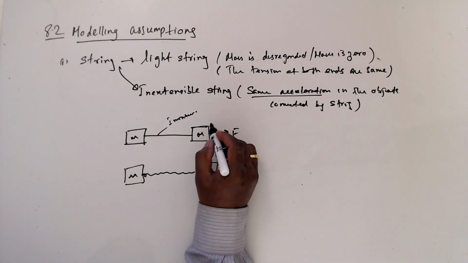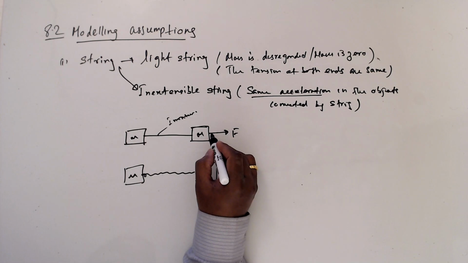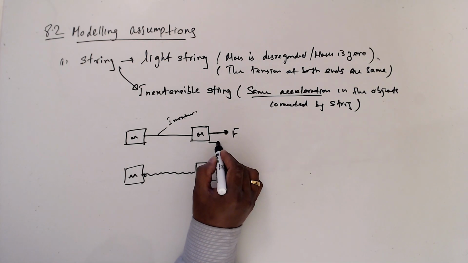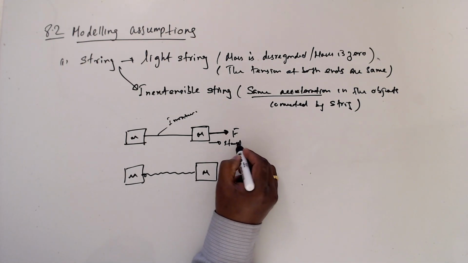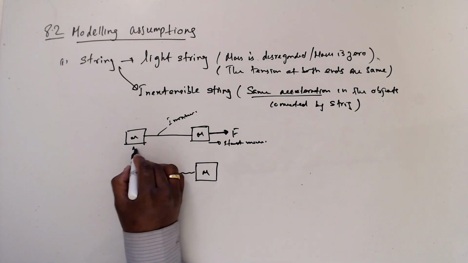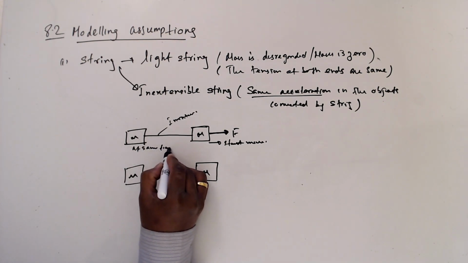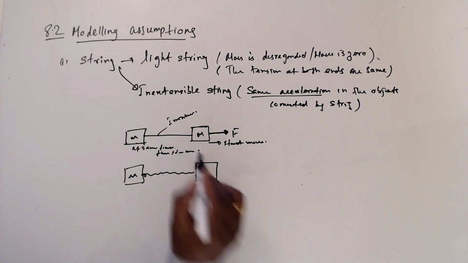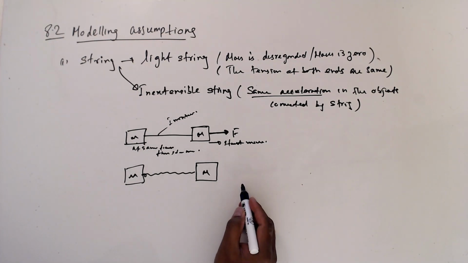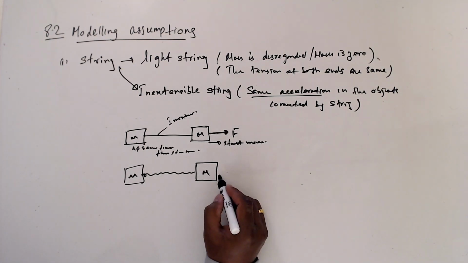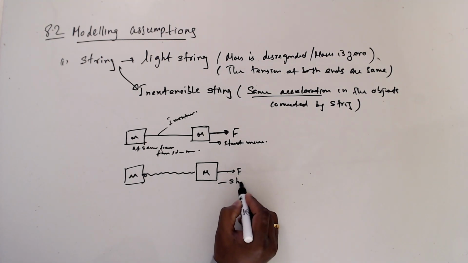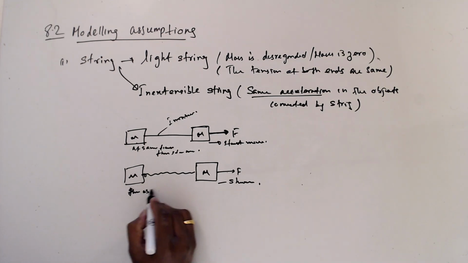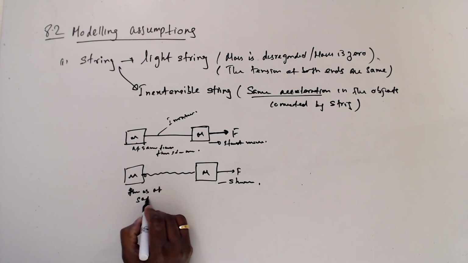What will happen when you start pulling this one? This will start moving, and at the same time this one starts moving. But if it's elastic, what will happen? When this starts moving, this is stationary.